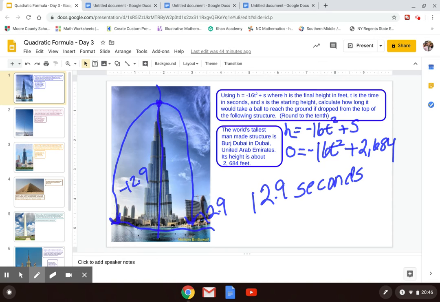So there we found both the zeros for our function. Here is my maximum height. And then if I have here the axis of symmetry, I'm going to have the same measures on both sides because the axis of symmetry means a parabola is symmetric. All right, so that would be your answer there is 12.9 seconds.